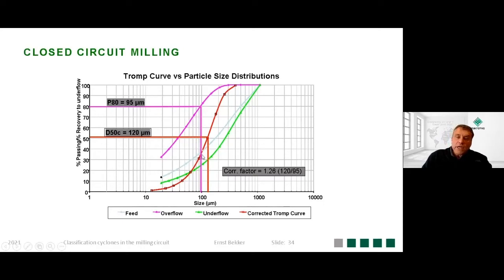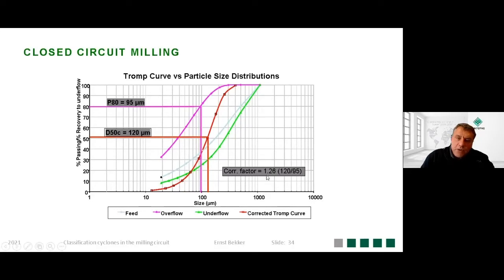But if you go coarser, your cut point will always be coarser than the values lower than P80, going to P70 and P60.